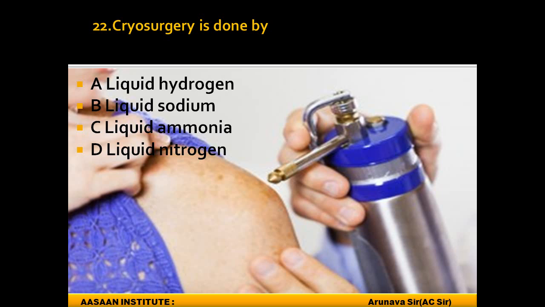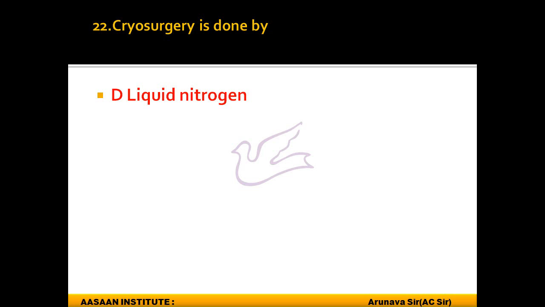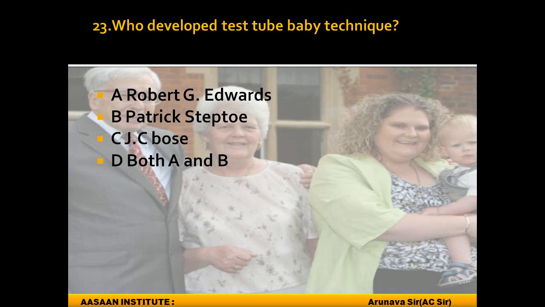Cryosurgery, that is related to cryopreservation, right? In cryosurgery, liquid nitrogen is used. And in cryopreservation, liquid nitrogen is used for preservation purposes. So in question number 22, D, liquid nitrogen, is the right option. Now go to question number 23.